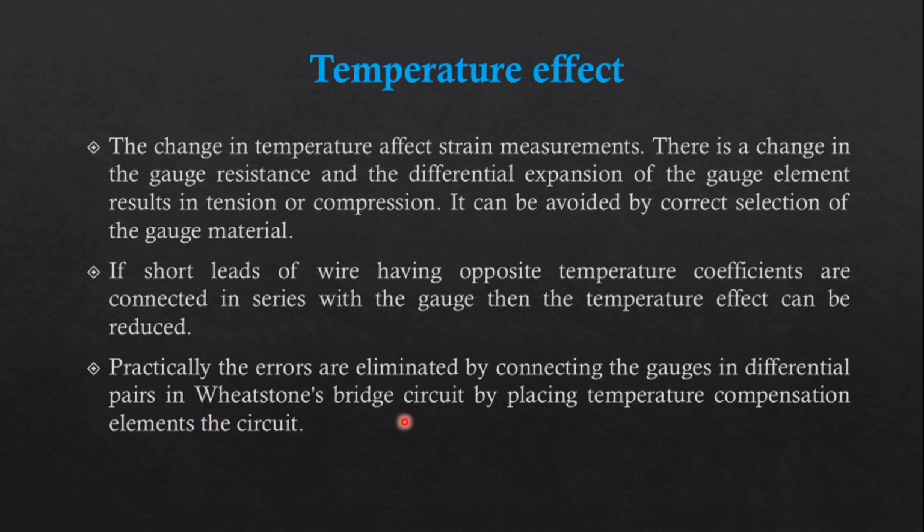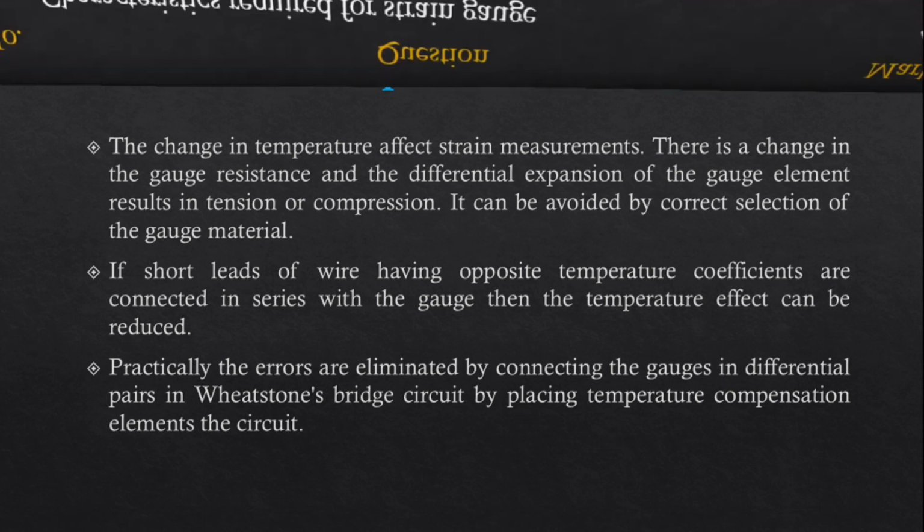Okay, what is Wheatstone bridge circuit? We are going to study it in the next lecture. But right now, to eliminate error, we can connect the differential gauge in Wheatstone bridge arrangement. So with the help of Wheatstone bridge, we can eliminate the temperature coefficient effect, which we are going to study in the next video lecture.